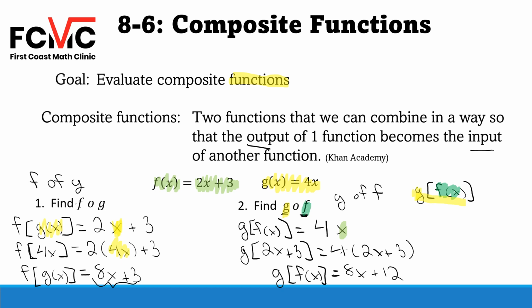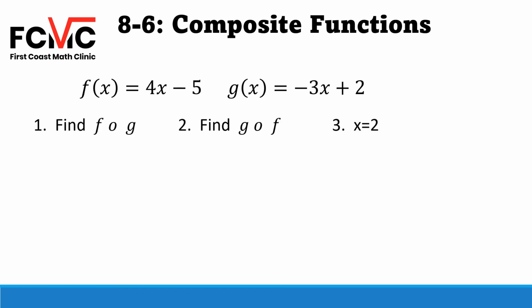Let's do a couple more examples with composite functions. For number 1, we want f of g of x. So let's start with our f of g of x. Our f of x is 4x minus 5. So we're going to replace that x with our g of x, which is negative 3x plus 2.